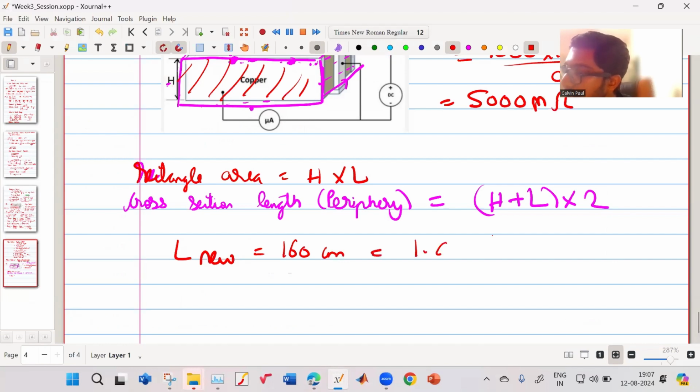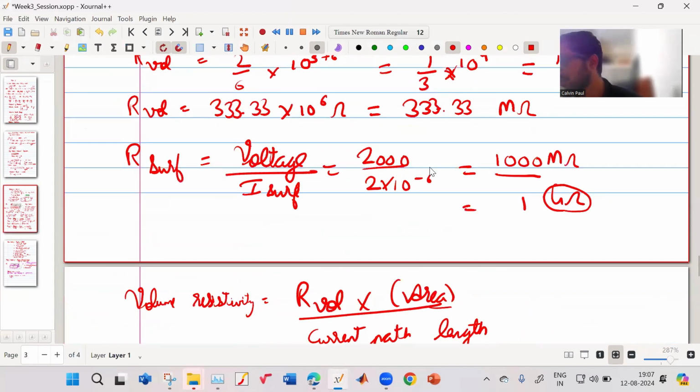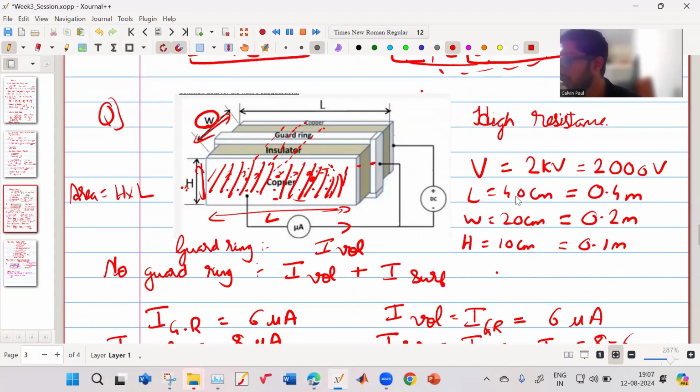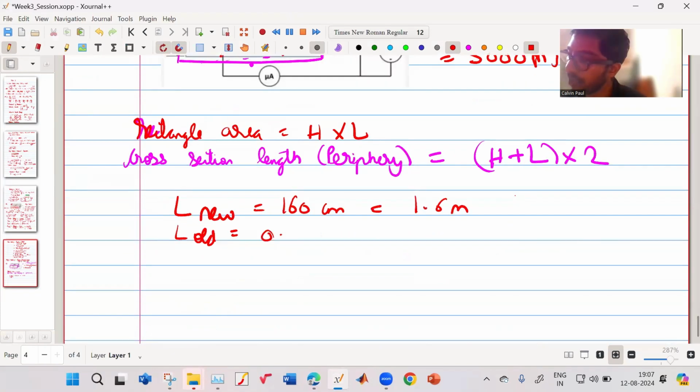That is, it becomes 1.6 meter. Your L old was how much? L old was 0.4 meter. Now your L has changed.